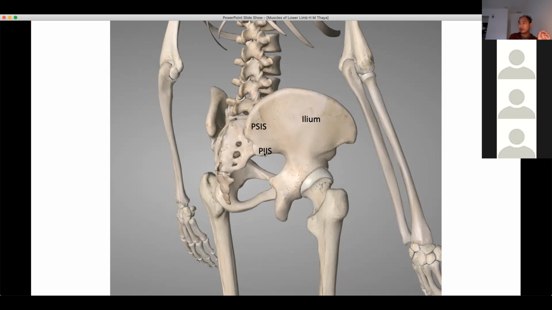Then the greater sciatic foramen, ischial tuberosity, lesser trochanter, greater trochanter, and this little pointy bony portion, the ischial spine.